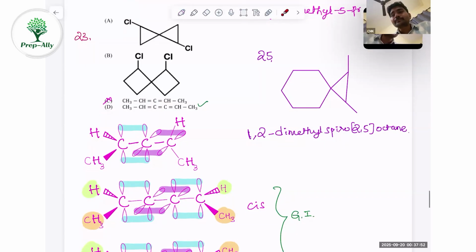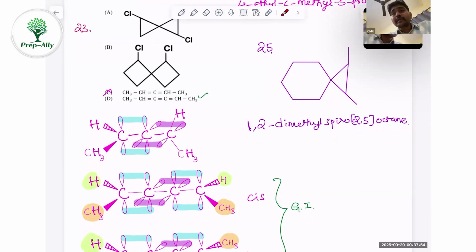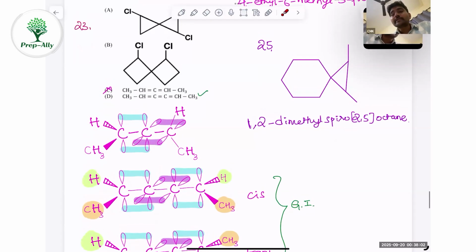Option D. Here also we have consecutive double bonds. How many double bonds are there in total? 3 double bonds are there. So same allene, if I am writing: carbon, one double bond, this carbon, double bond, this carbon again a double bond, and the last carbon with hydrogen and methyl group.